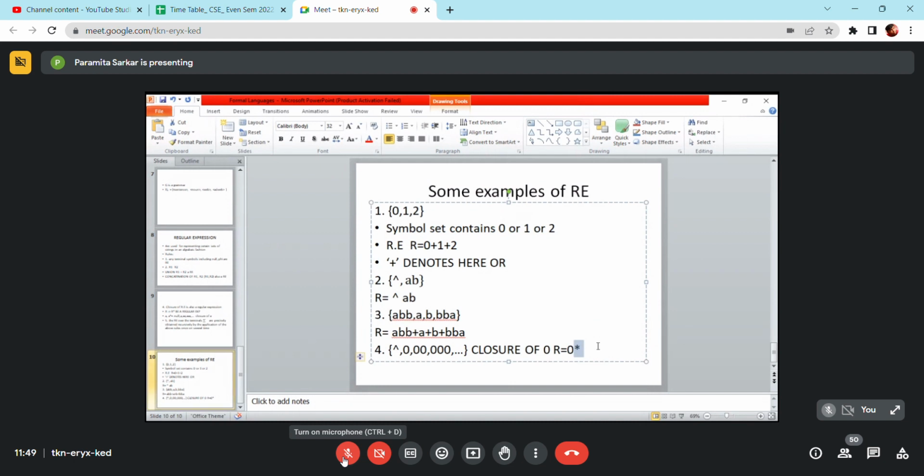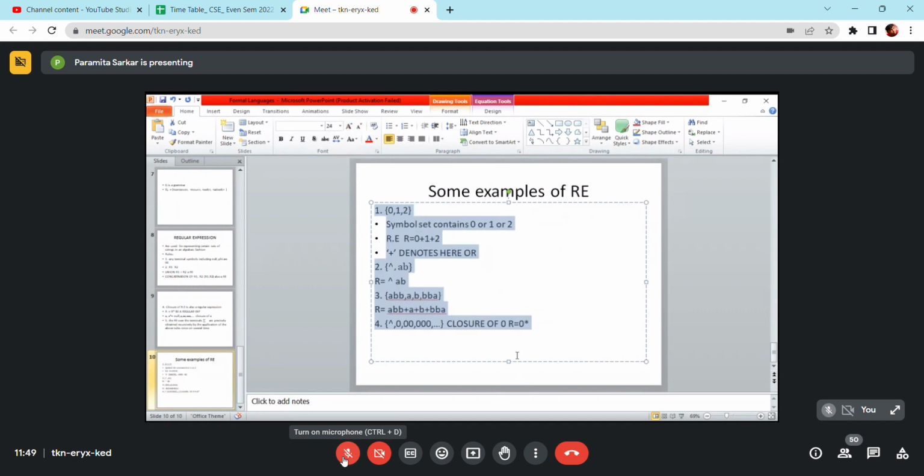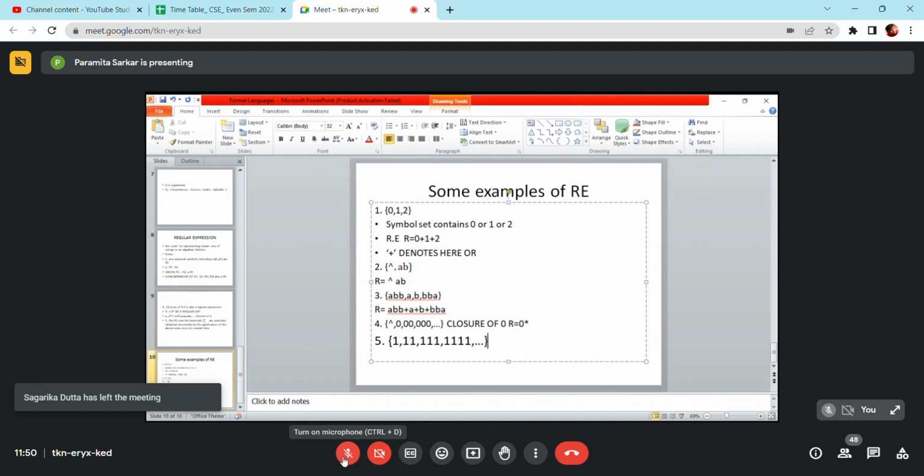Now in another example, if you see that there is a set of 1 comma 11, we have any string that can be formed using the symbol 1.